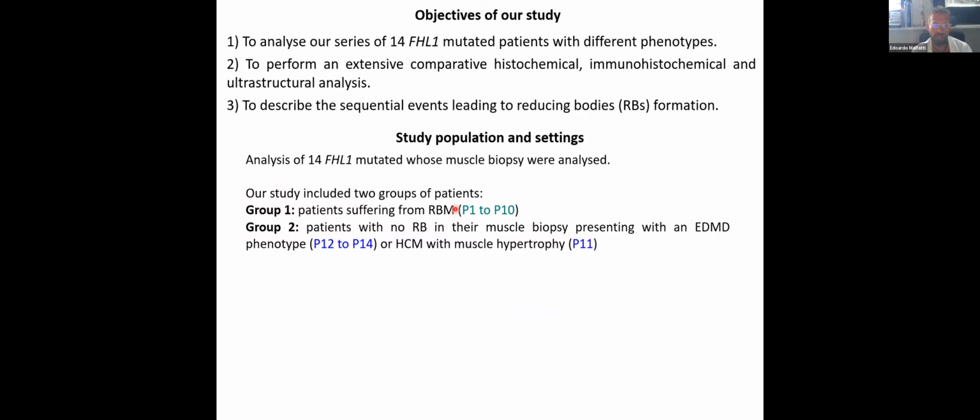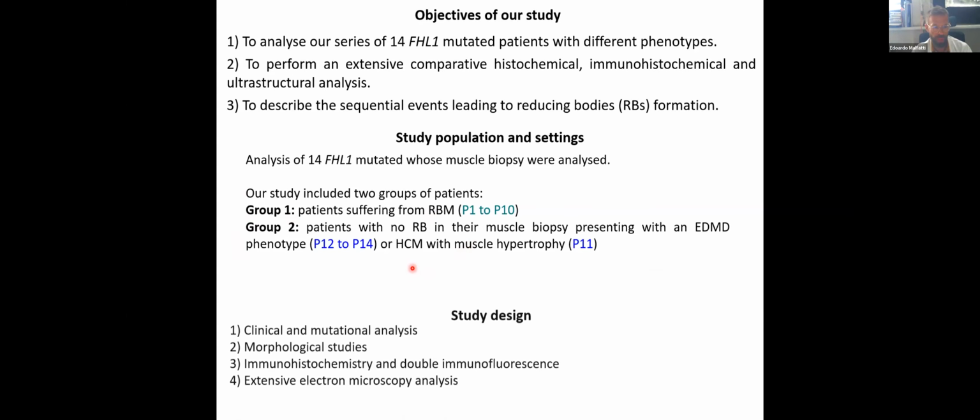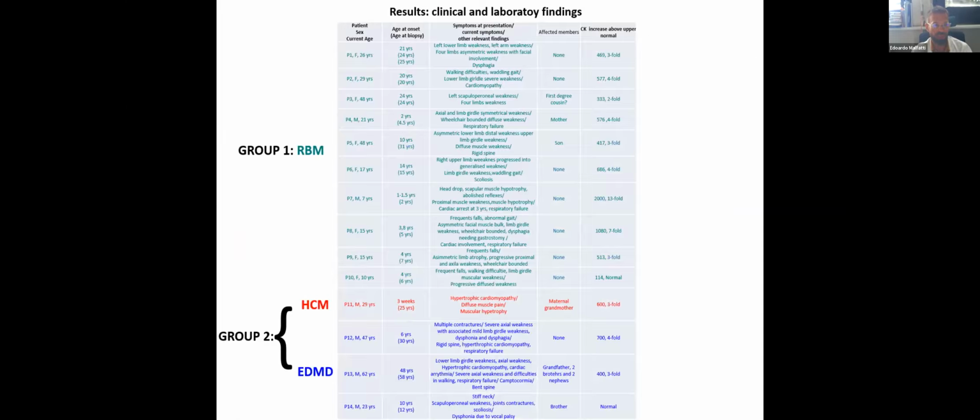Patients suffering from a reducing body myopathy, where the reducing bodies were found in the muscle biopsy and led to the diagnosis before the gene was identified, and another group with Emery-Dreifuss-like or hypertrophic cardiomyopathy phenotypes. We did clinical and mutational analysis and a deep morphological study, with specific work on electron microscopy.